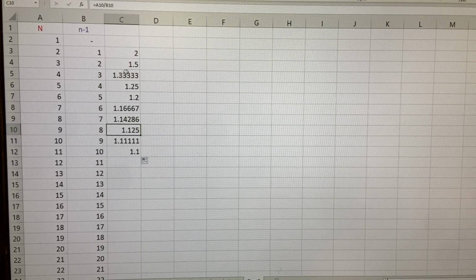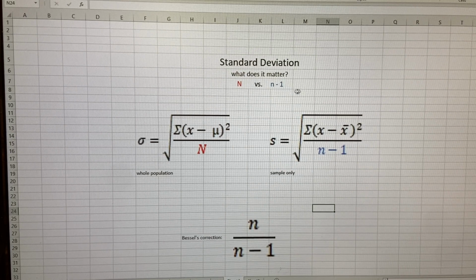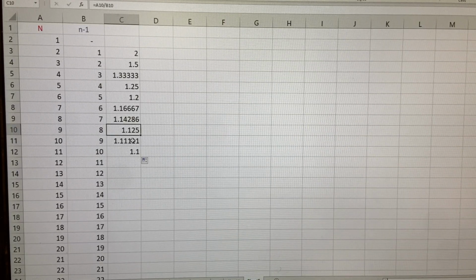You can see that especially when the sample size is very low, say under 10, this formula here, the sample flavor of standard deviation, gets boosted by 10%, 11%, 12.5%, 14.2%, 16.6%, whatever you can see.